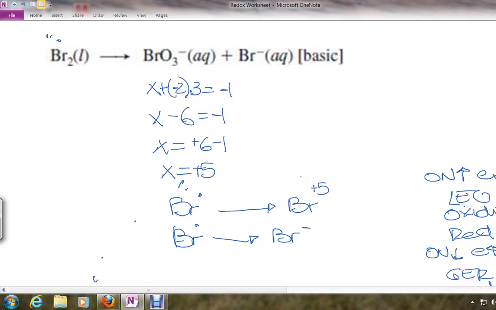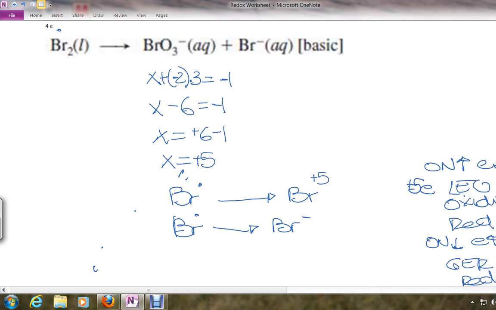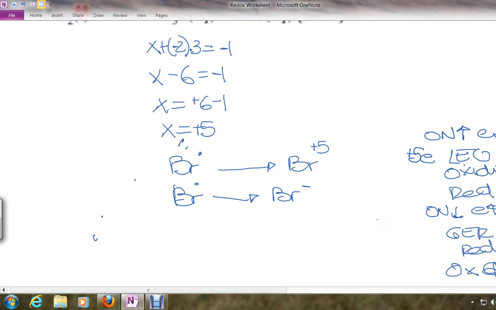From 0 to +5 is 5 electrons and 1 bromine, and the other one, 0 to -1, is 1 electron, and we got 1 bromine, 1 for each one. Even if you write 2 at the end, you're going to have double coefficients in the reaction.